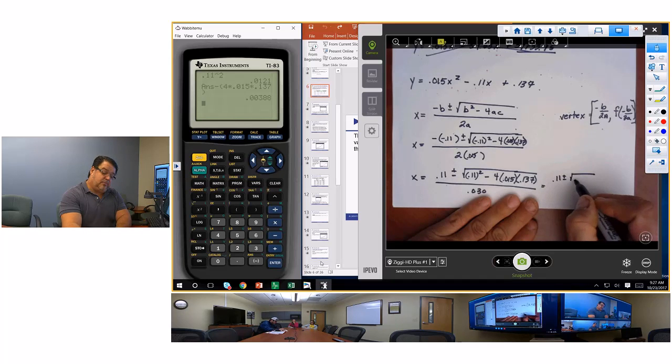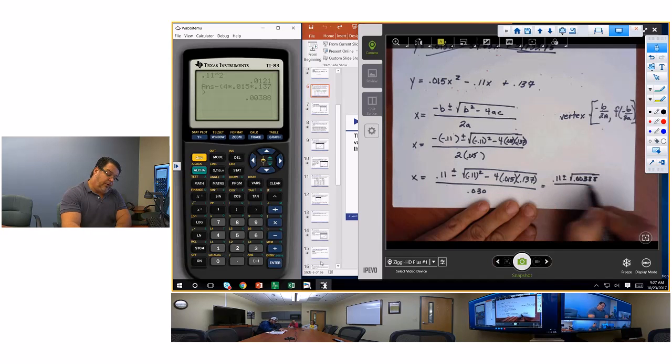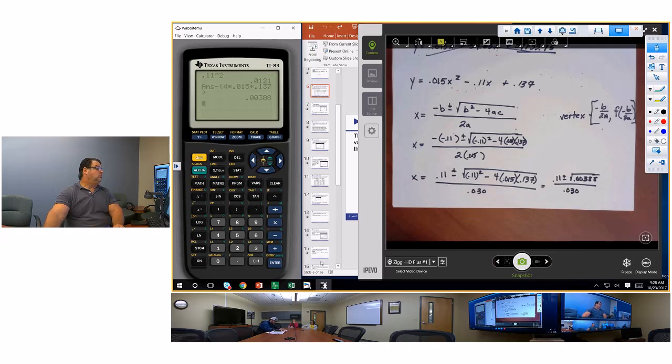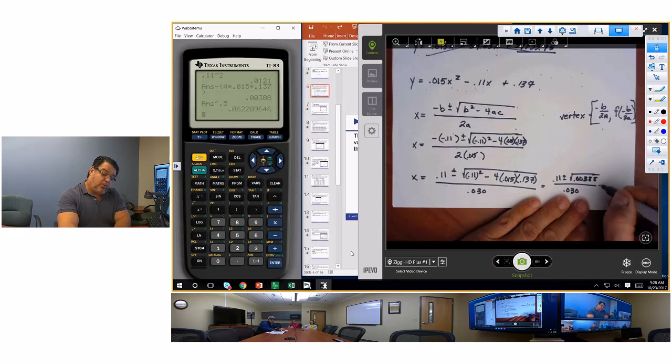Somebody check it. 0.00388 over 0.030. And now raise that to the 0.5 power. And that's 0.062. So that's 0.11 plus or minus 0.062 over 0.030.